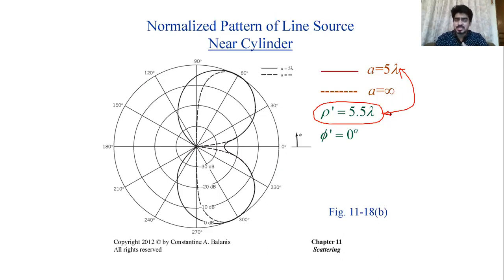As you can see, when you have that 0.5 lambda distance, it creates a destructive interference, and we showed last time how they create a destructive interference. As a result of the destructive interference between the scattered field and the original direct radiated field from the source, you create this kind of null in the broadside direction.